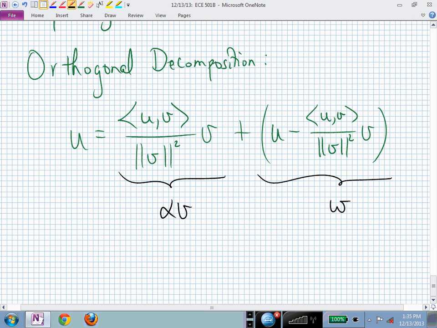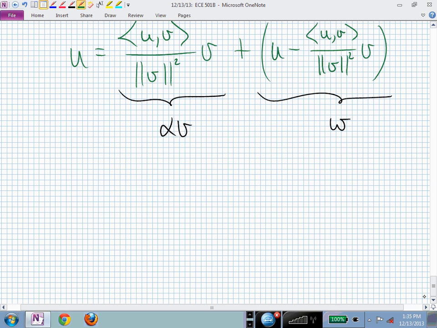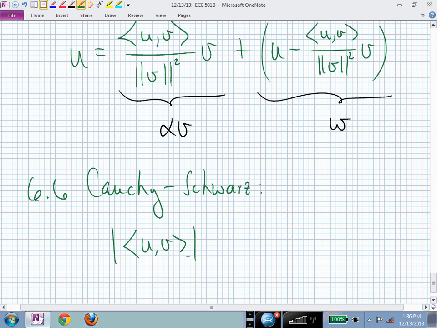But even here, once we have these inner products, we have all sorts of different inequalities and equalities. We have the Cauchy-Schwarz inequality, which says that the absolute value of the inner product is less than or equal to the product of the norms of u and v.